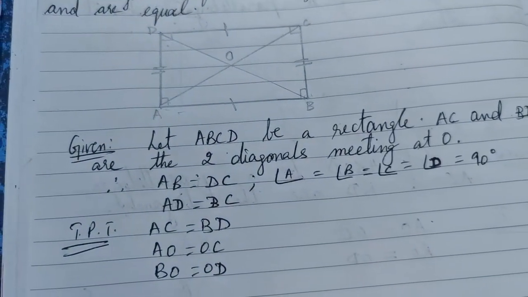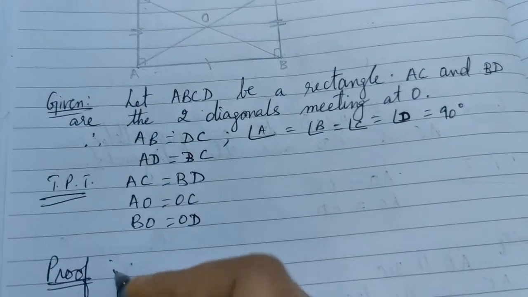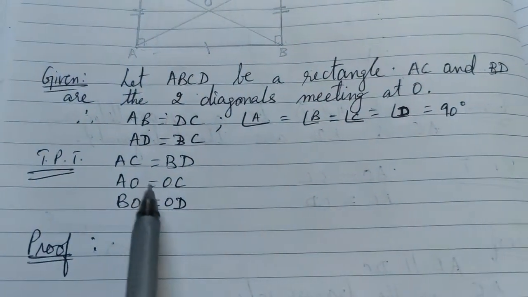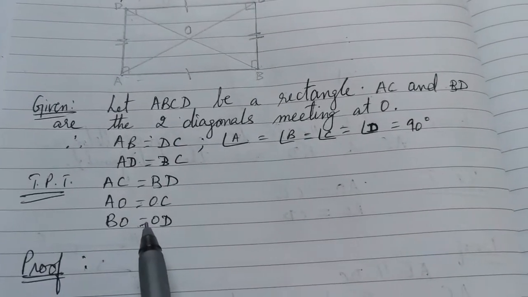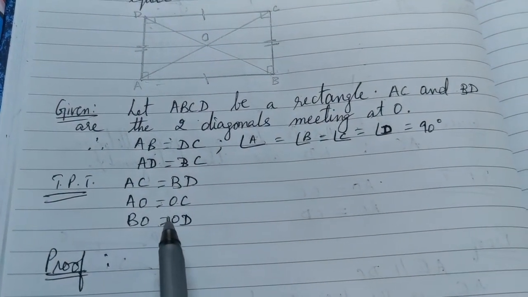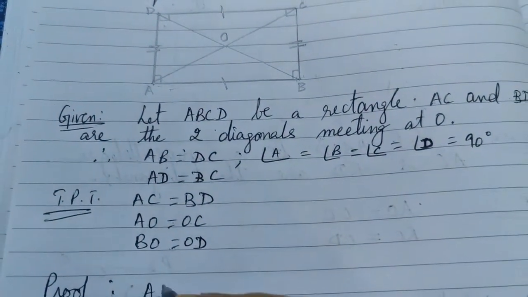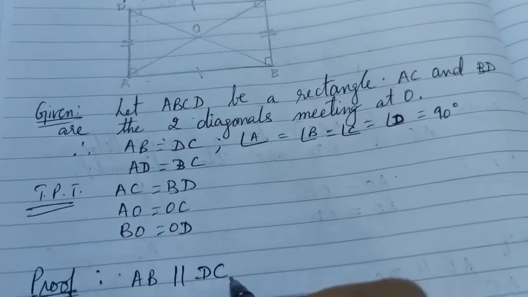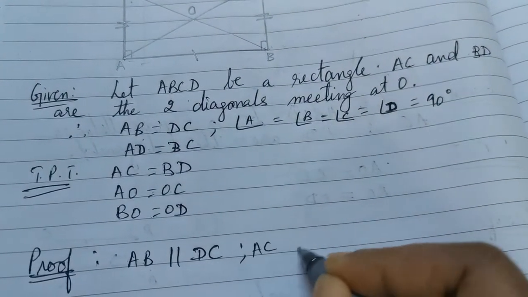So to start with the justification, we already learned how to prove that the diagonals bisect each other in the last video for a parallelogram. The same procedure we will follow here. First we will take AB and DC, which are parallel lines, and the transversal to be AC.